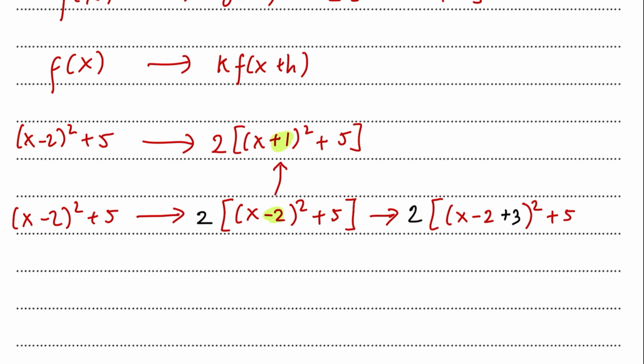Okay, now as you can see, my k is 2, times my red one, which is f(x). So 2 times f(x), but my x we need to add 3. So it becomes 2f(x plus 3). So the answer is 2f(x plus 3).